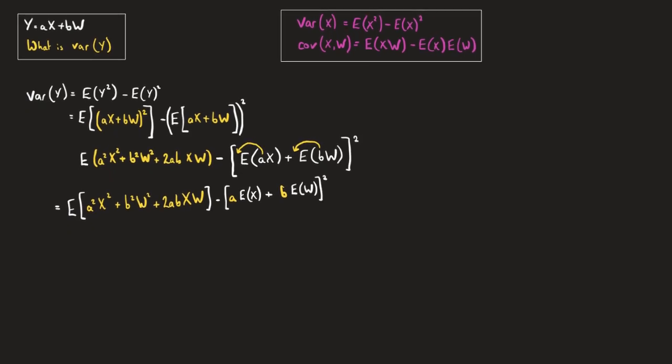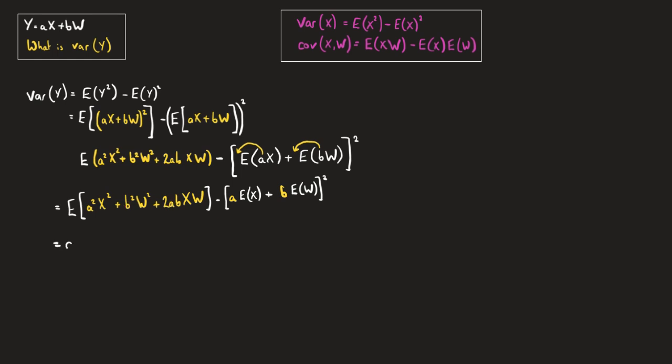We know that on this first term, we've got the expectation of three things added together. a, b, and ab are all constants, so we're going to take the expectation of a sum, which is the same as the sum of the expectations, and we can take the common multipliers outside of the expectation.